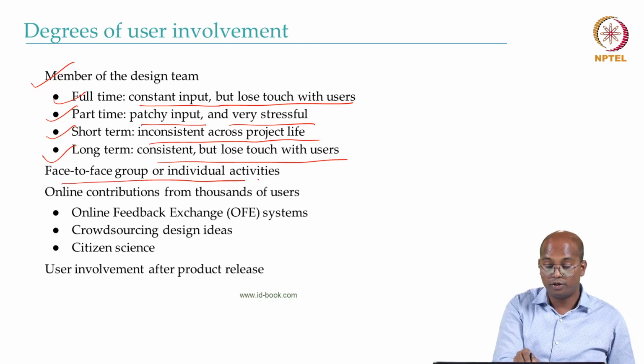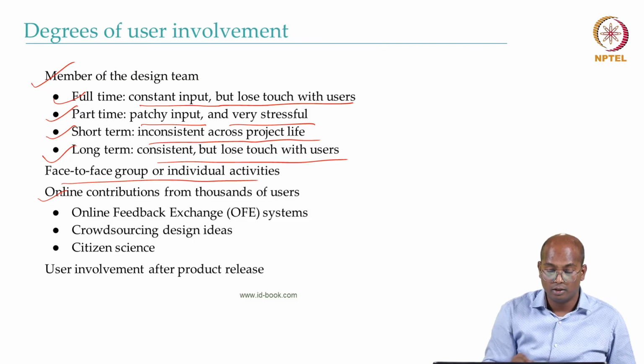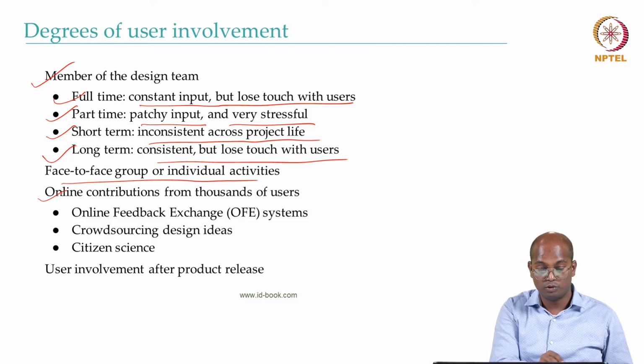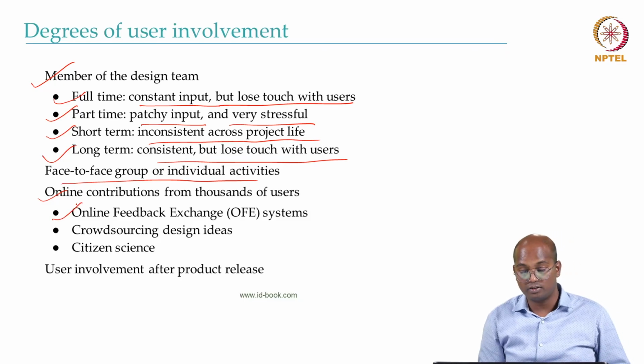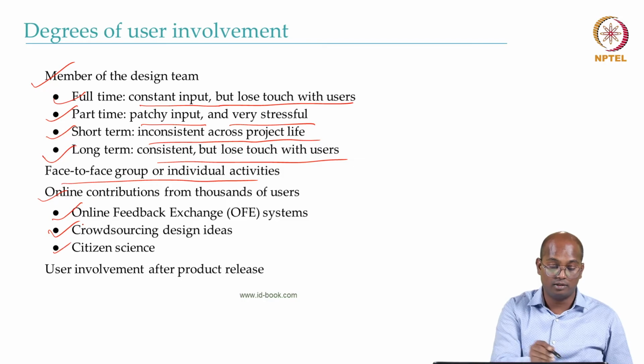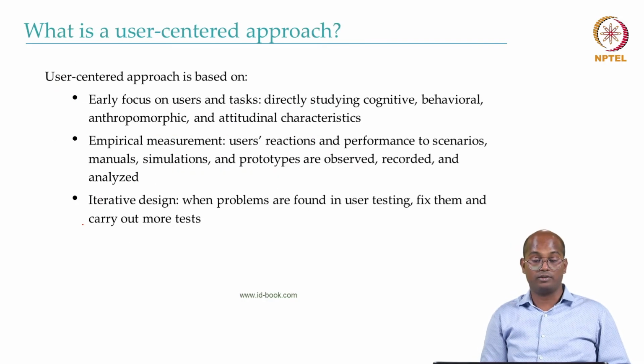Face-to-face group or individual activities can be done, and online contribution from thousands of users. You can use online feedback exchange systems, crowdsourcing design ideas, and citizen science, and user involvement can continue even after the product release.